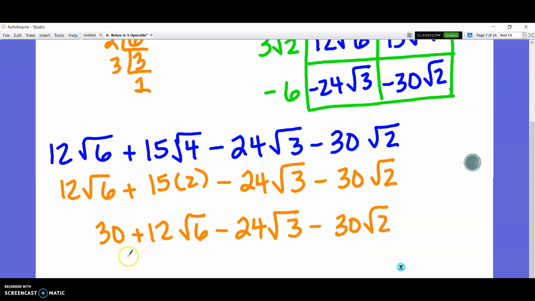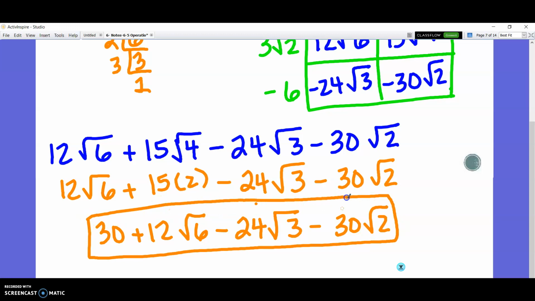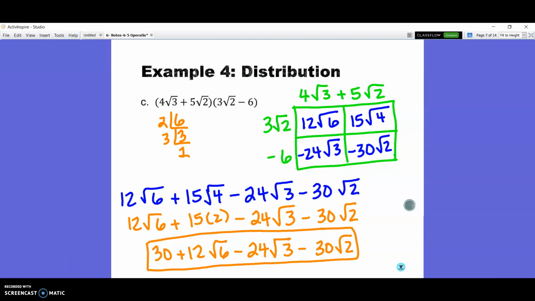All the radicands have the same index, but none of the radicands are similar, are the same, are identical. So there's that. And that's the simplest way to write that answer. There's nothing more we can do there. Okay?